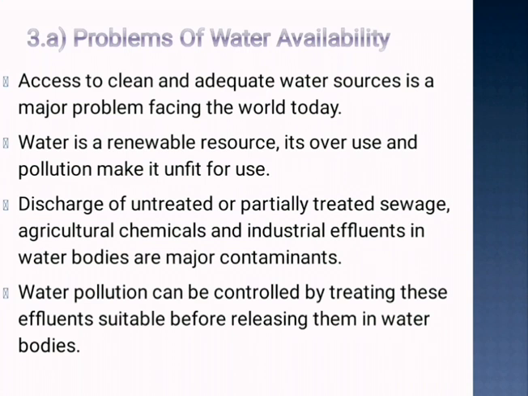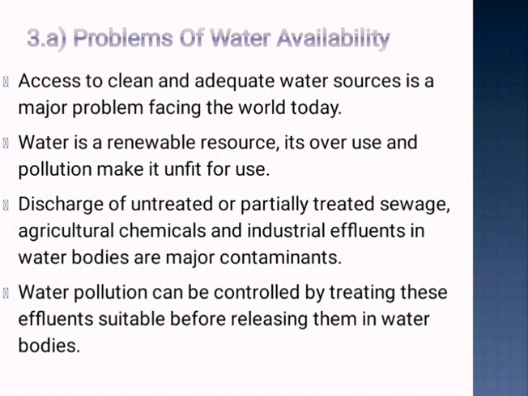Water pollution can be controlled by treating these effluents suitably before releasing them into water bodies. Due to overexploitation or the greed of human beings, we pollute the water resources or freshwater resources.